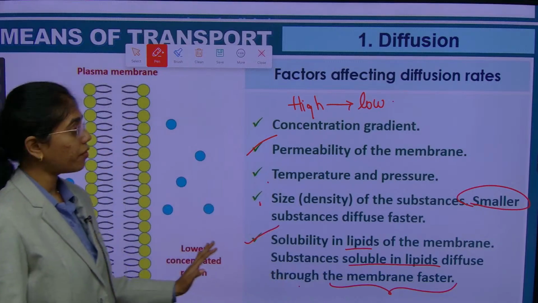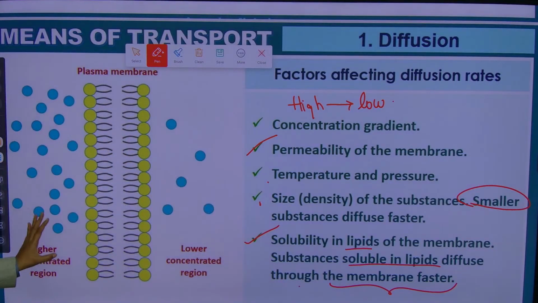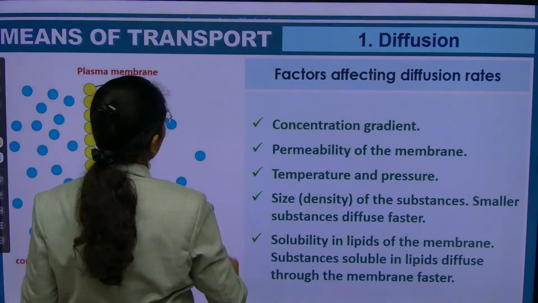Clear with all this? These are the factors that are affecting the process of diffusion.